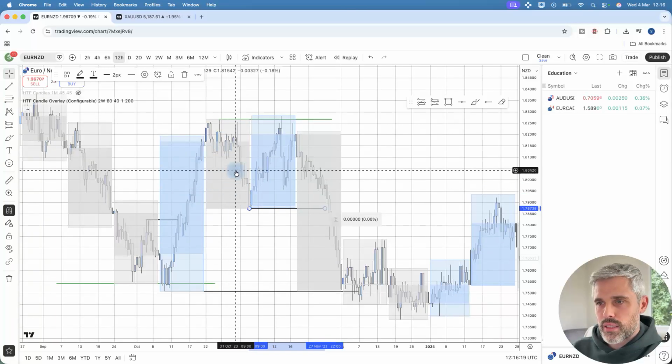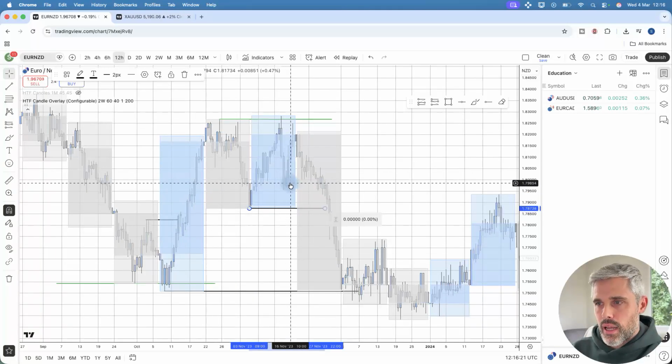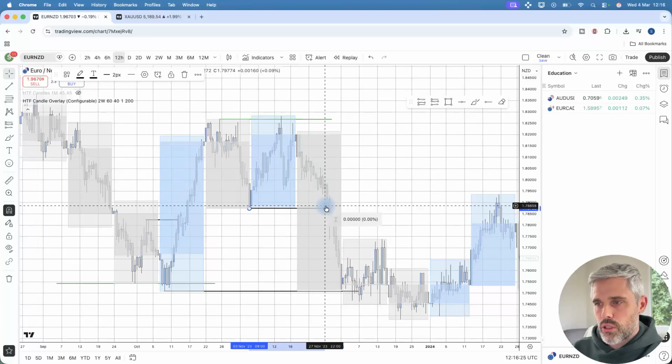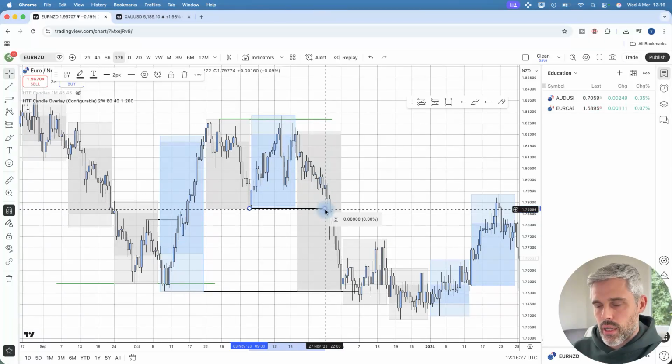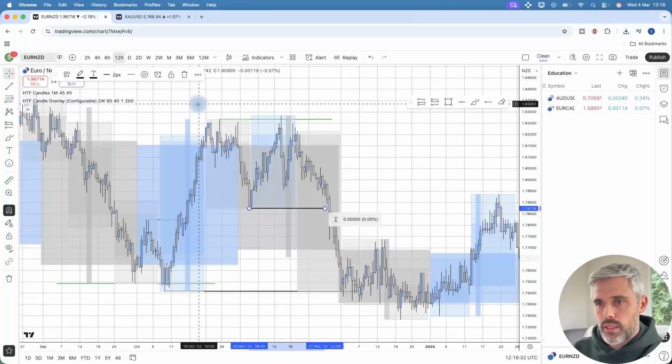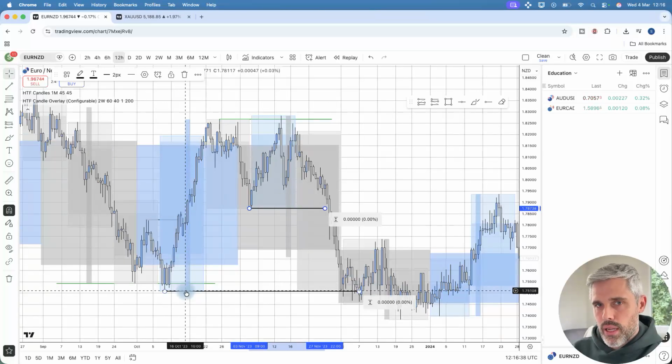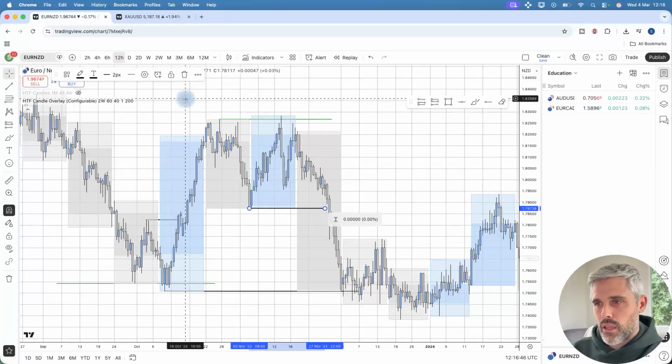Price has accumulated, manipulated, and as this candle is opening, its one job is to distribute to this immediate target in the market. But remember, we're also liquidating a monthly candle. So this also means there's a higher time frame target for price, which happens to be traditional market structure thinkers' strong low.